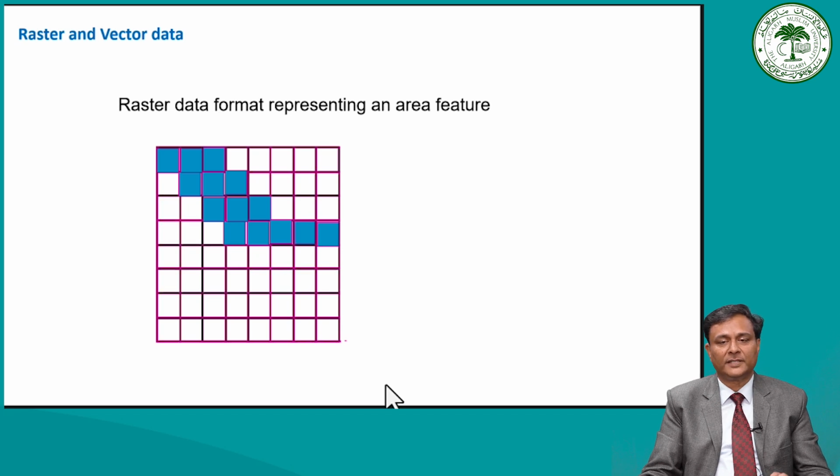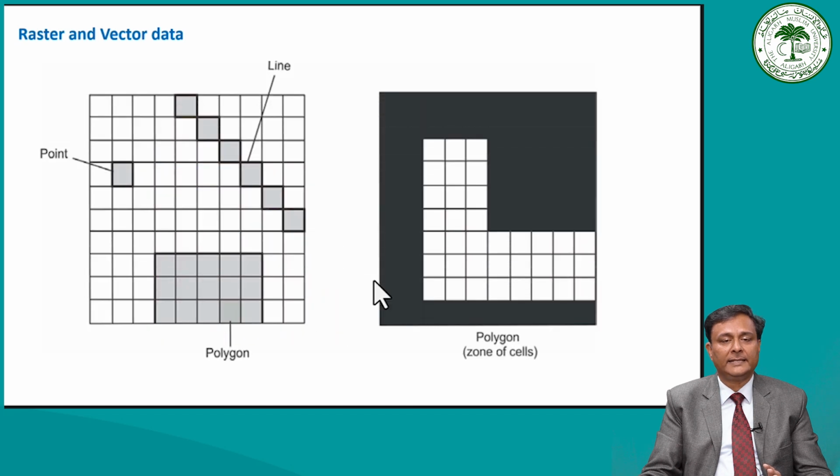This can be understood with this image now, where a point, line, and area have been shown. Now you can see this is a good example where all three have been depicted in this particular slide, where a point is represented by one pixel, a line would be a series of pixels in linear mode and would be representing any linear ground reality, any linear entity.